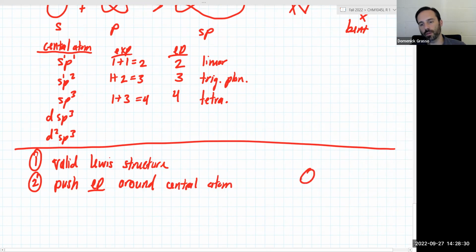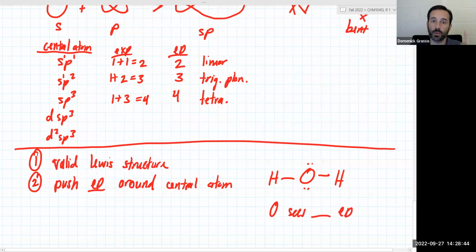So if I've got my valid Lewis structure, the first thing I do is count my electron domains. Oxygen sees how many electron domains? Electron domains are bonds and their electrons, pushing each other away. So I'm just counting single bonds, double bonds, triple bonds, whatever, and pairs of electrons. It sees 4 things.